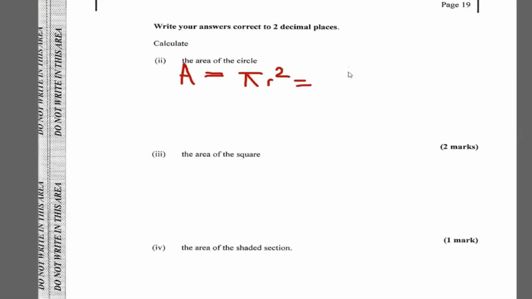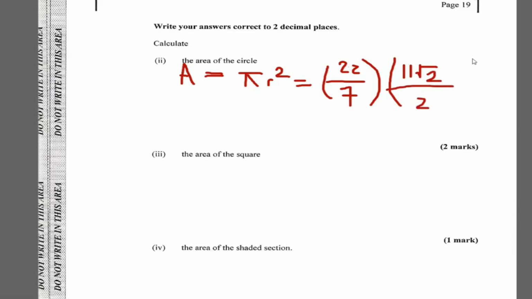So we're using pi as 22 over 7, multiplied by r squared. But what is r squared? The radius is 11 root 2 divided by 2. Remember, diameter divided by 2 gives you the radius, so 11 root 2 over 2, squared. And then you need to give your answer to 2 decimal places.